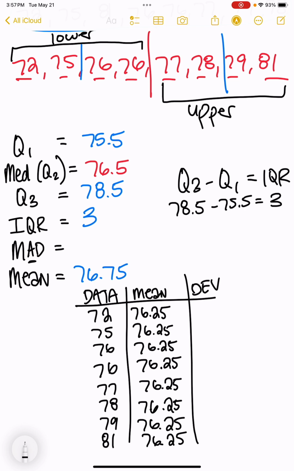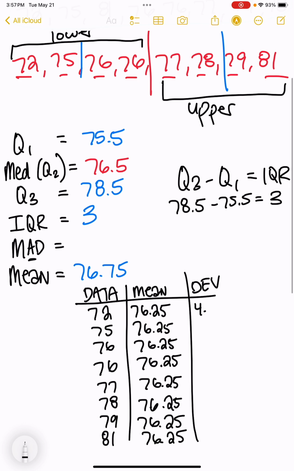That A in that acronym represents absolute, so we're not going to have any negatives in our deviation line, even if the answer you get after subtracting the mean from the data point, you have to make sure that your value is positive. So it's going to be 4.25. And then again, moving on, I'm going to go ahead and just complete this.